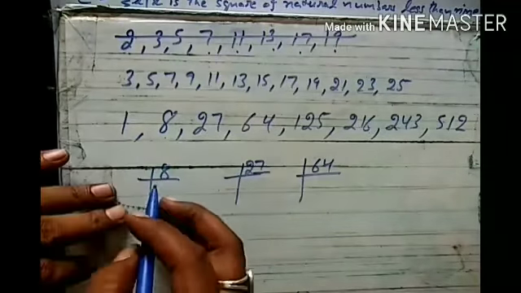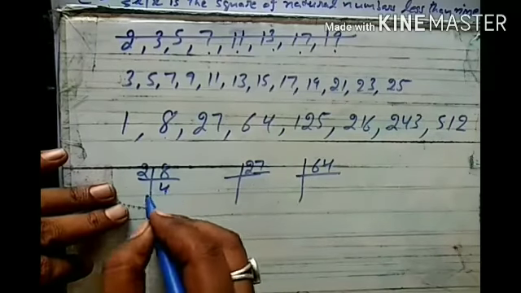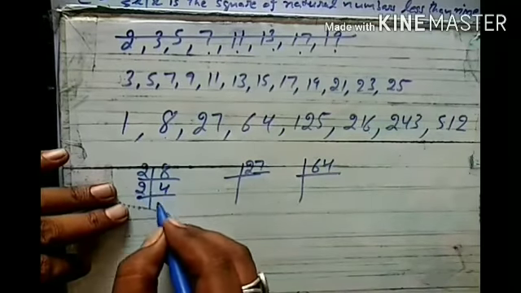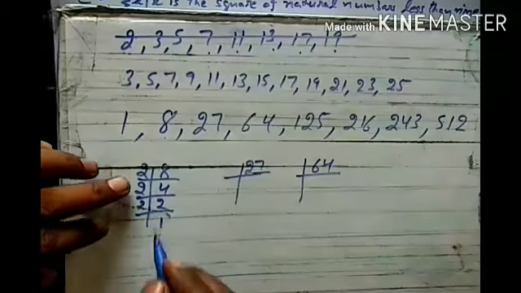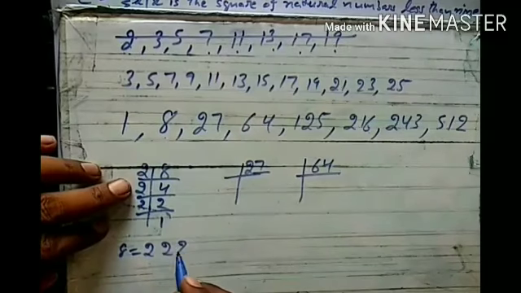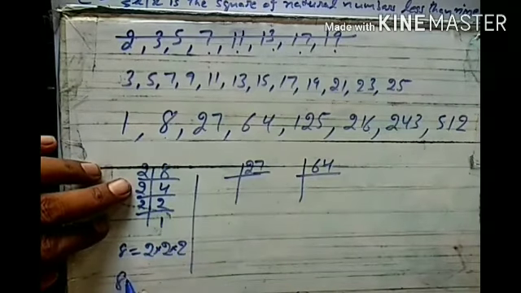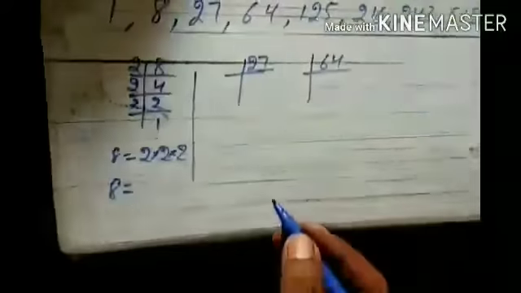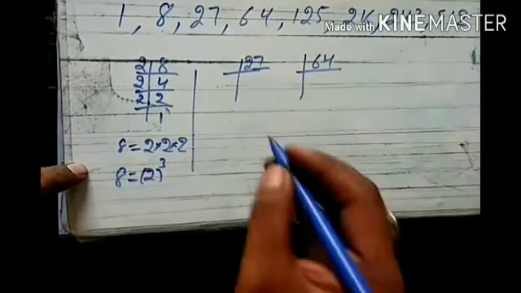If I divide 8, I know it is divisible by 2. So 2 fours are 8, and again I divide 4 by 2, that is 2, then 1. So 8 is a product of 2, 2, 2, 3 times. So I can write 8 is equal to 2 power 3, or 2 cube.